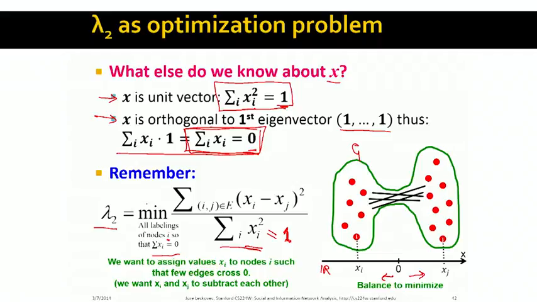And now let's also think about what our minimization problem is. It says that we want to minimize the sum of the differences of labels across all the edges. This means we would like to have, for all the edges, both nodes on the left-hand side, because then I have a negative number minus a negative number, so the difference will be small.